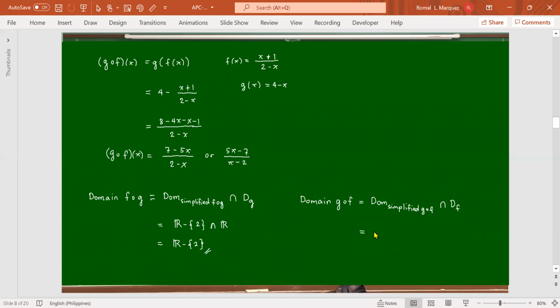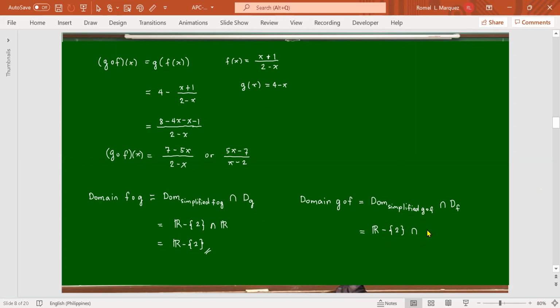So this is the set of all real numbers except 2, intersection with, what's the domain of the f? I mean, sorry, the domain of the G. Okay, what's the intersection of the domain of the f, guys?